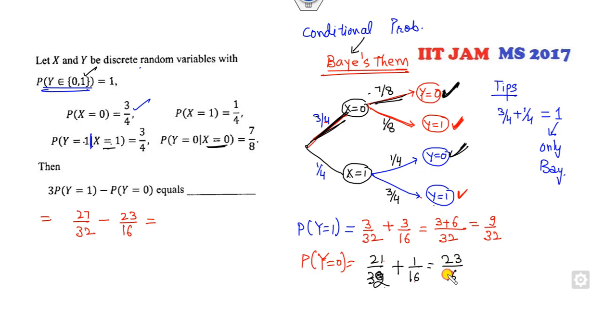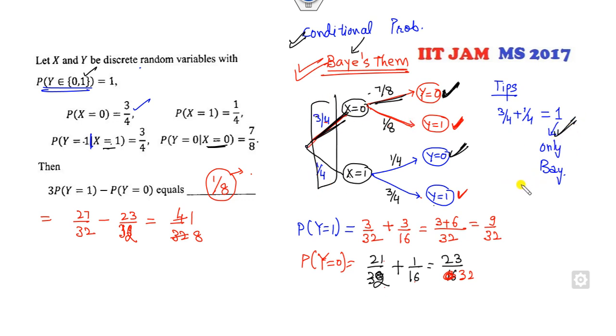So its LCM is 32. Fine. Then it is 32. Now you can take this. It's 4 over 32. That is 1 over 8, which is the right answer of this problem. Always remember, you can apply the Bayes theorem whenever you find the conditional probability. Make sure whatever you take as the starting point, that should sum to 1. Otherwise you can't apply the Bayes theorem.